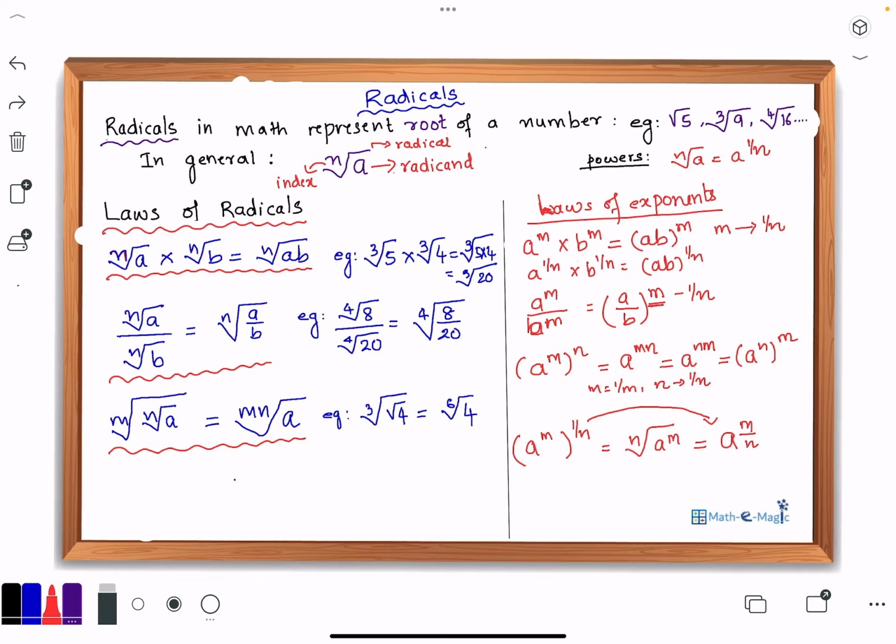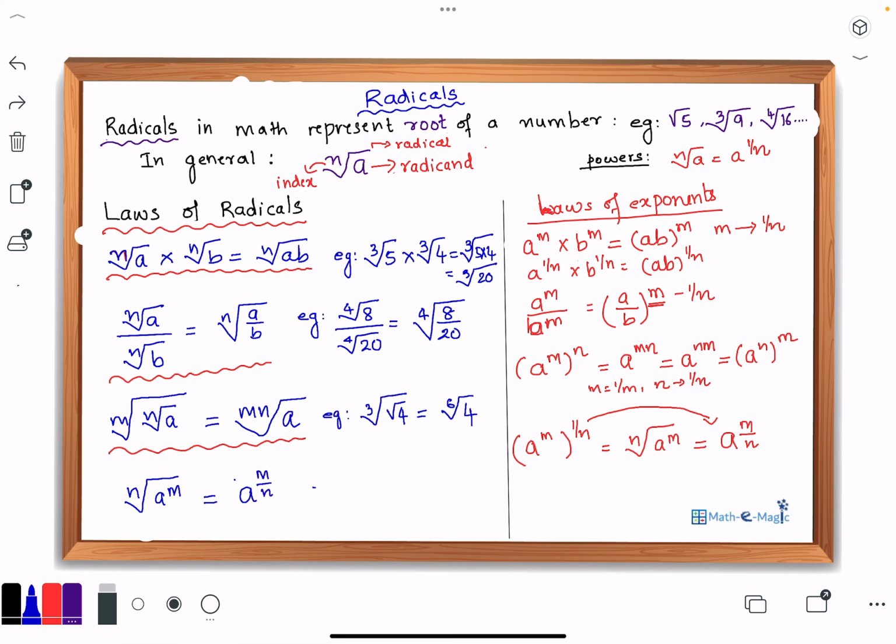The same thing I can use to write another law of radicals: the nth root of a to the power of m can be replaced as a to the power of m over n.